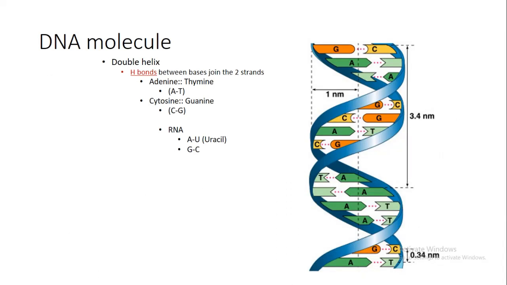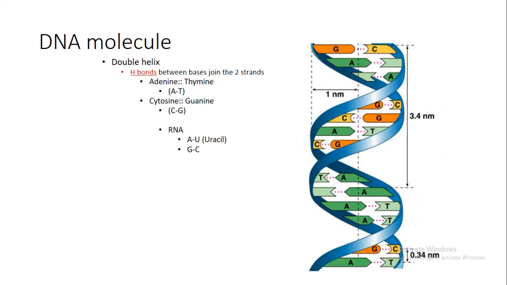Now, when you look at a DNA molecule, I think I'm just repeating myself because I've already explained most of these things. A DNA molecule is double-stranded, which simply means that there is a bond between the bases. For example, there is a bond between cytosine and guanine, and there is a bond between adenine and thymine.